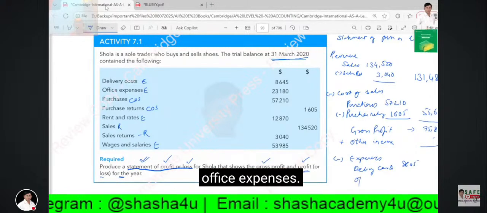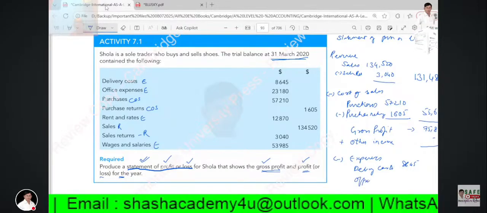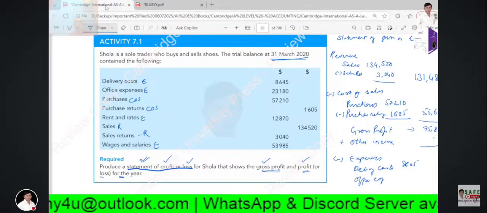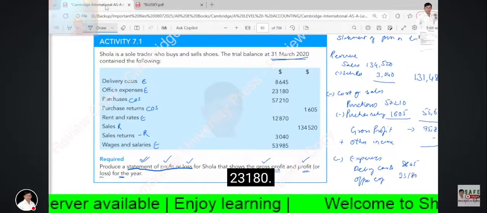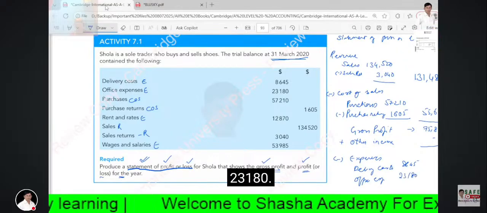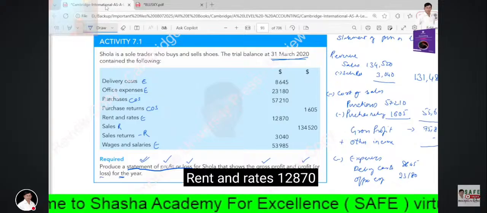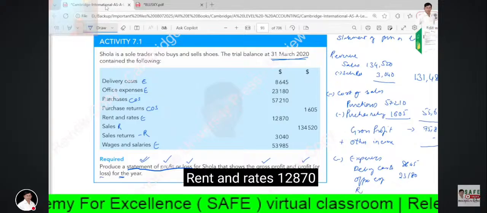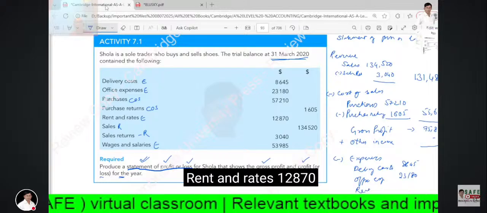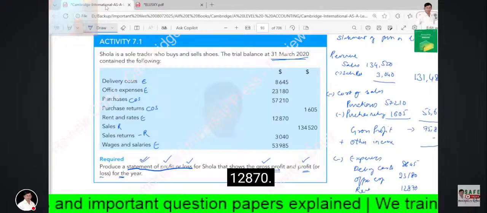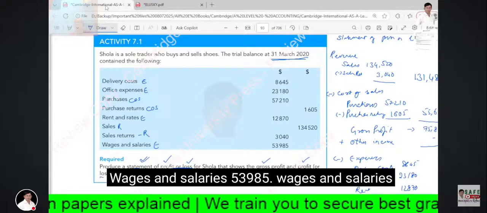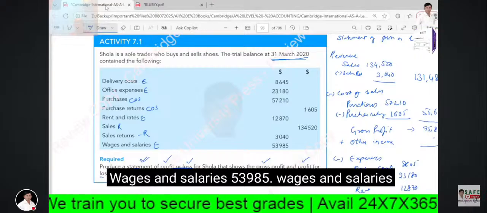Office expenses. Rent and rates 12870. Wages and salaries 53.